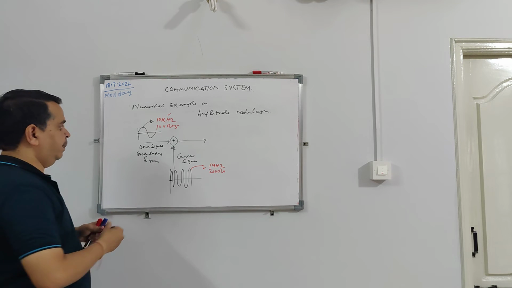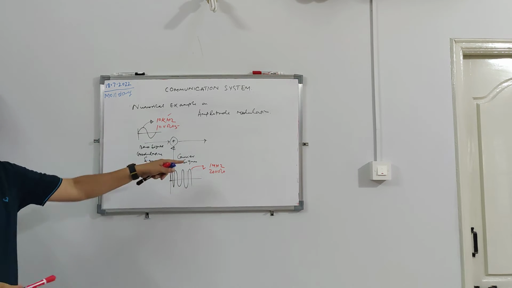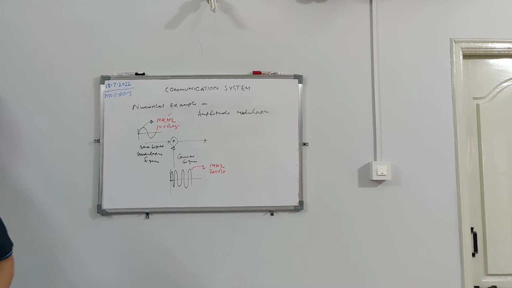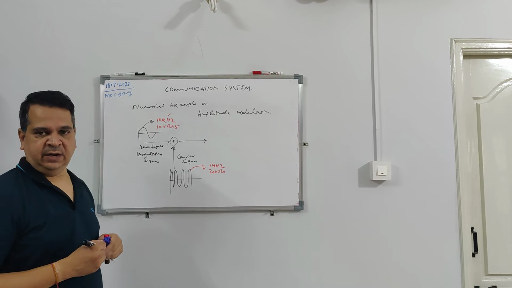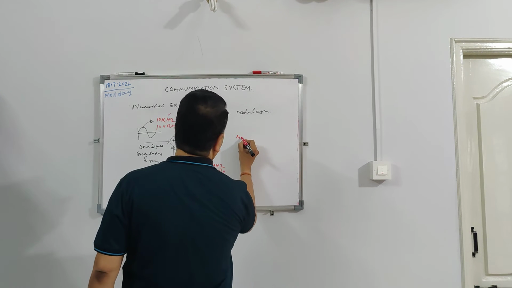Here the voltage is 10, here the voltage is 20. They are asking what is the modulation index. You are modulating this wave by using a carrier wave. So the question is what is the modulation index?